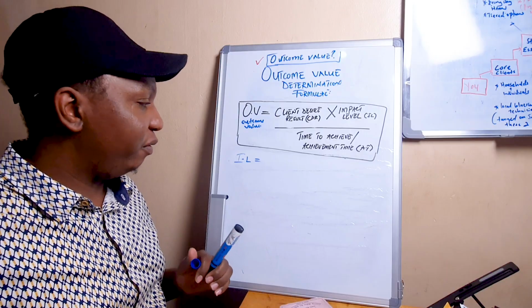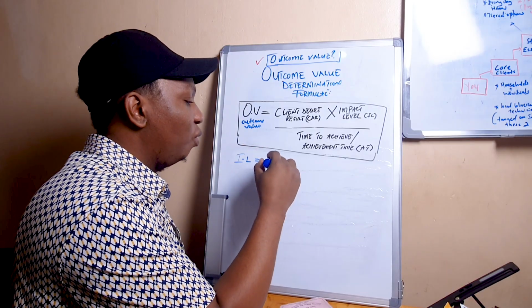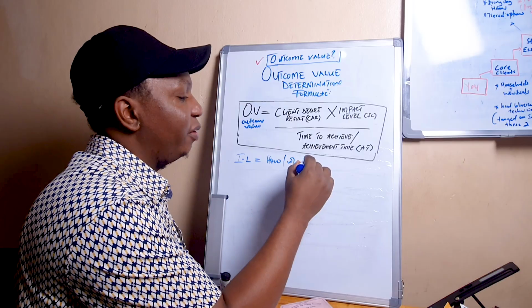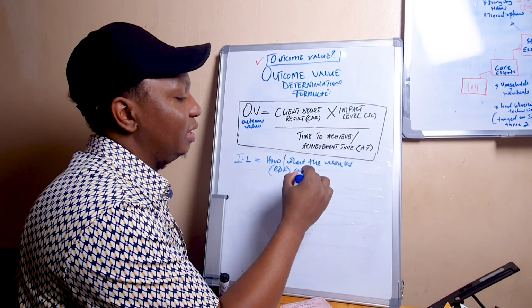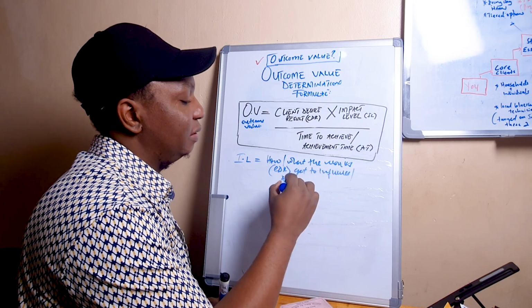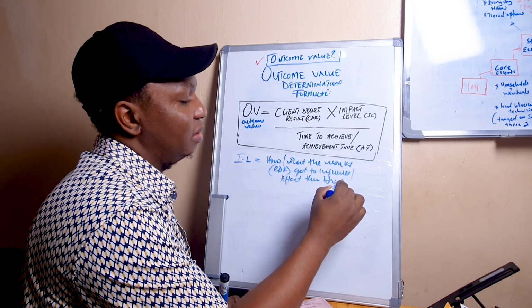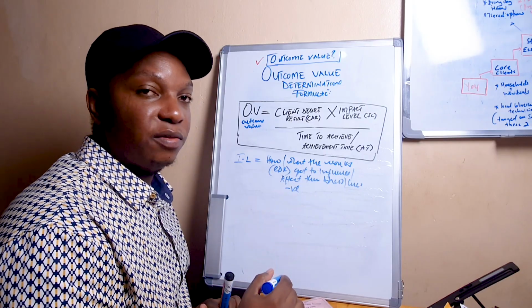Our impact level. This is specifically how the results, remember these are obtained from the CDR, influence or affect their businesses or lives. It could be in a positive way or in a negative way.